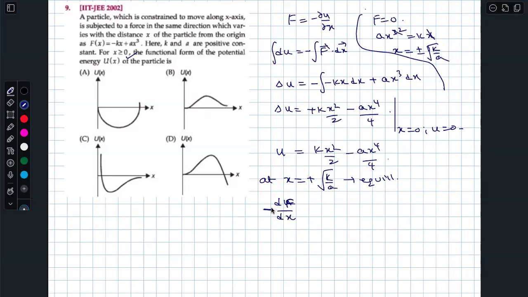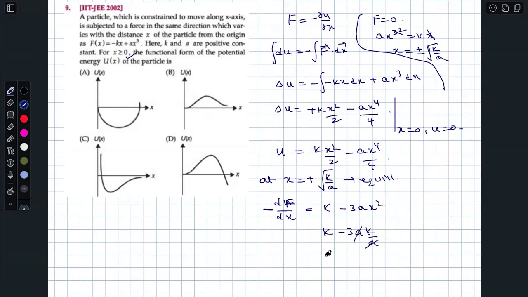You want d square u by dx square actually, so do minus df by dx. It will become k minus 3a x square.